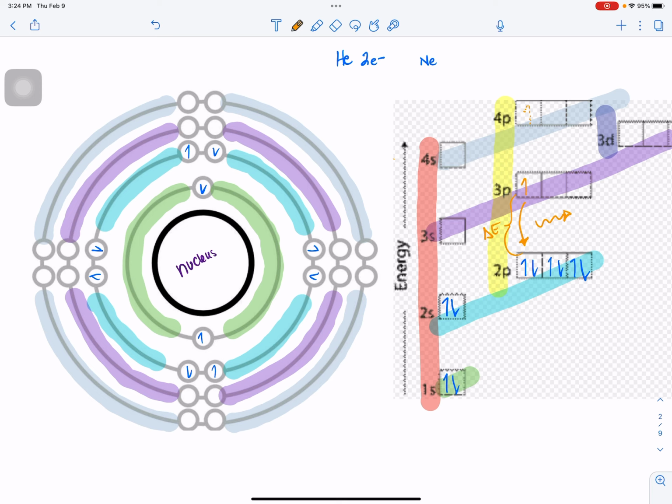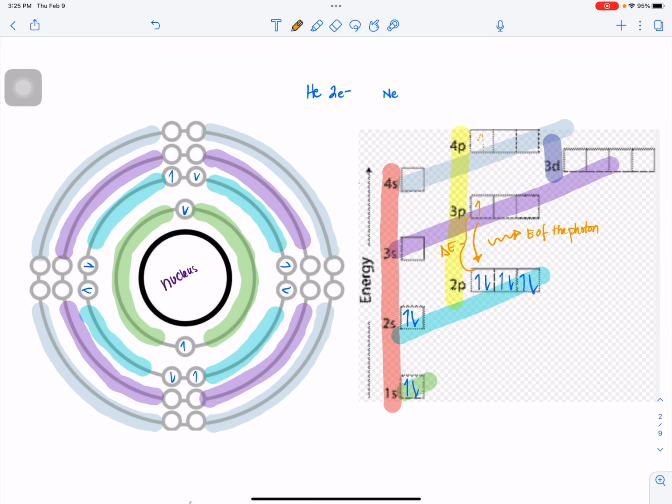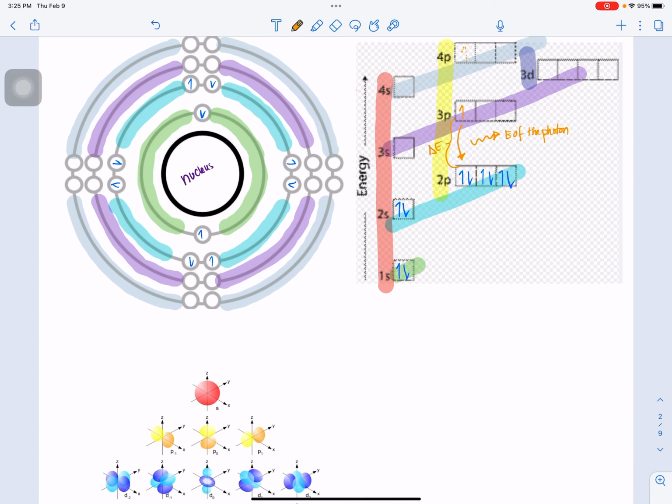So that difference in energy is equal to the energy of the photon. Okay, all right, so that is the basic idea. When I irradiate or hit a compound with light, then I will excite an electron to a more excited state, and then when it comes back down to the ground state, it will release energy exactly equal to the gap, the energy gap, or the change in energy.